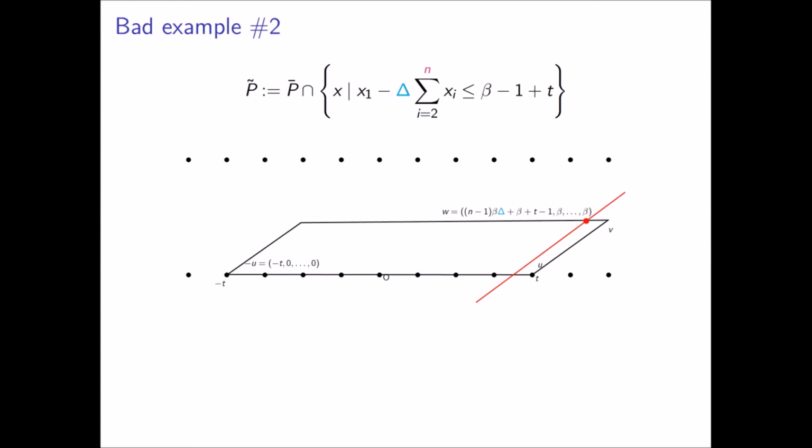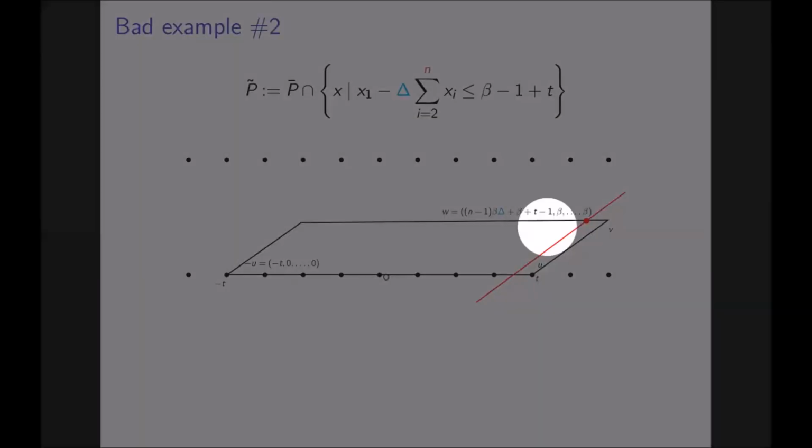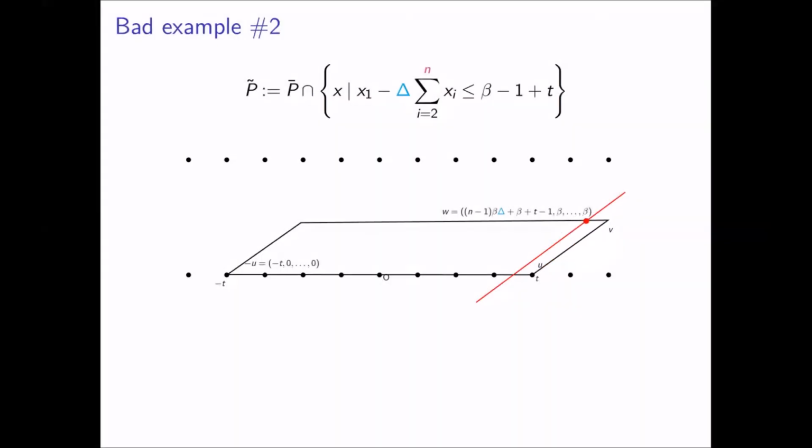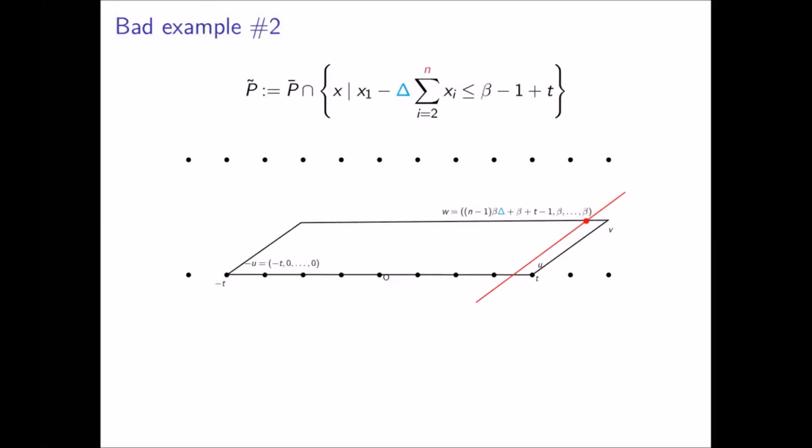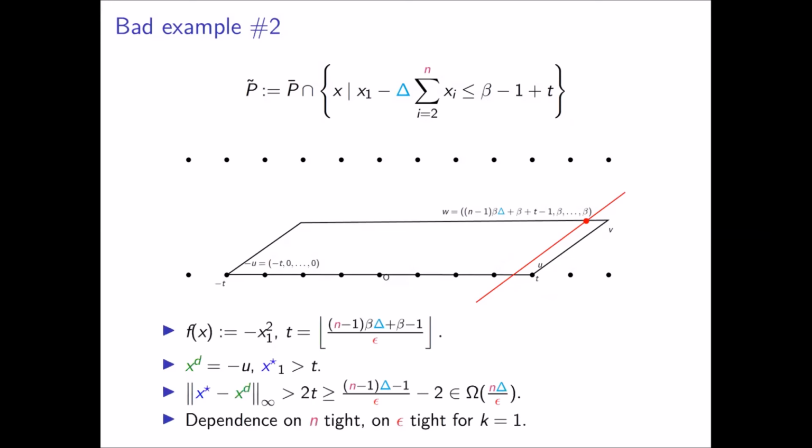In this example, we consider the same polytope P bar used in the previous example, but we add one new inequality, this red inequality over here, that chops off points U and V. We're going to call this new polytope P tilde. The main reason we introduce this inequality is so that the vector U is no longer feasible. The objective function that we consider in this example is minus x1 squared to be minimized.